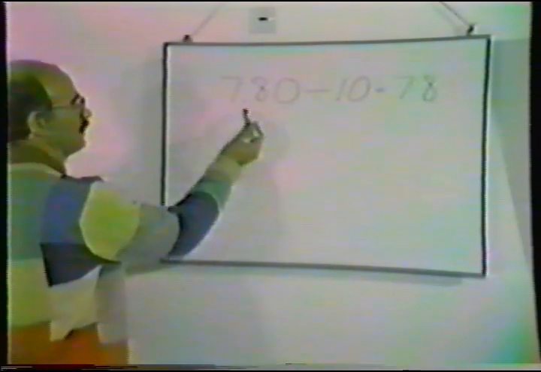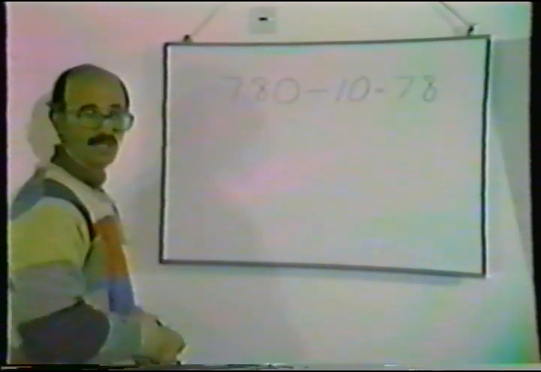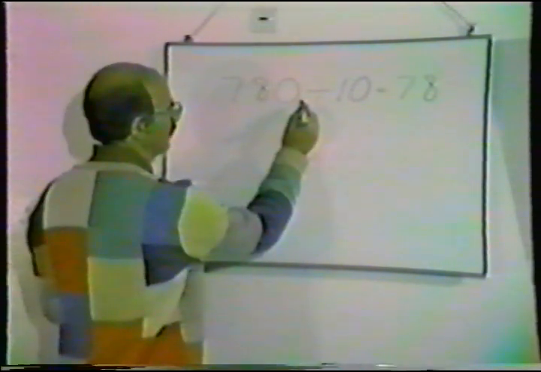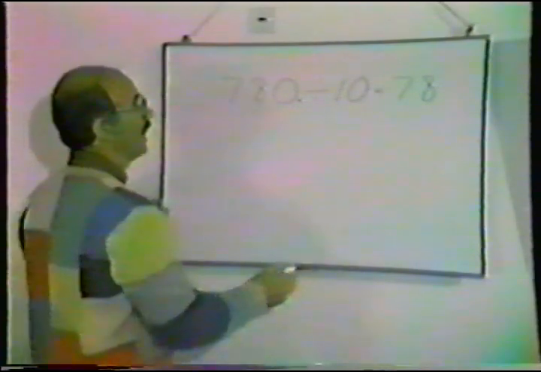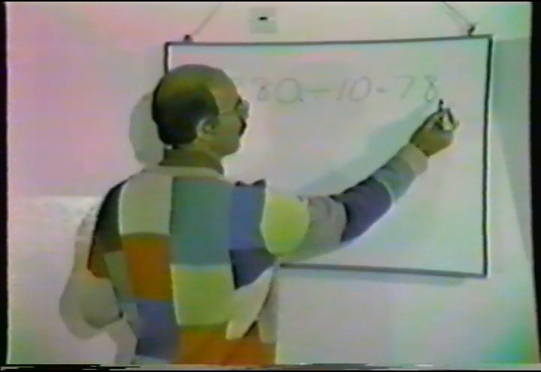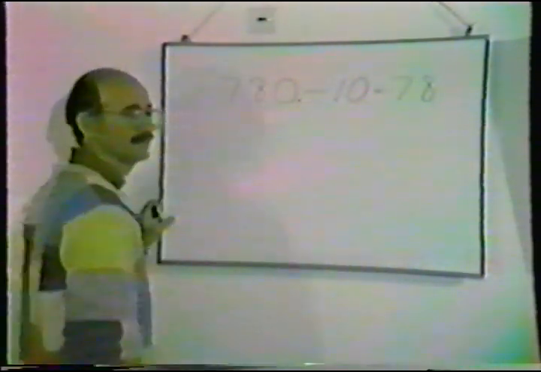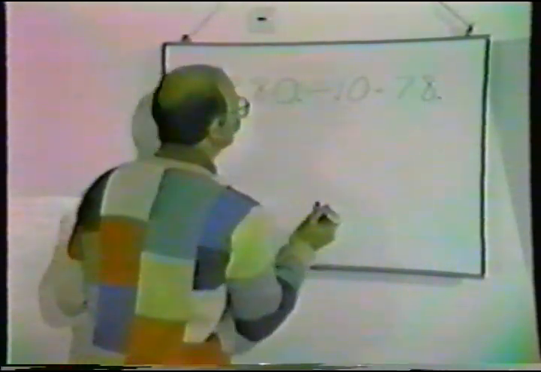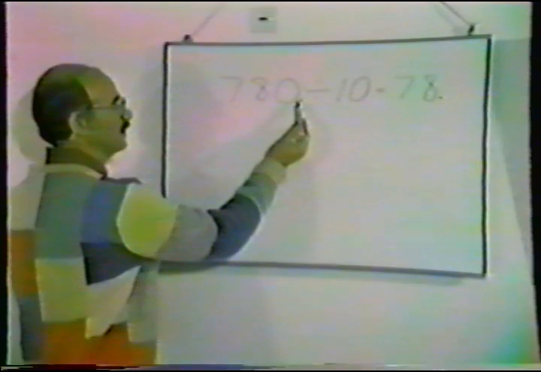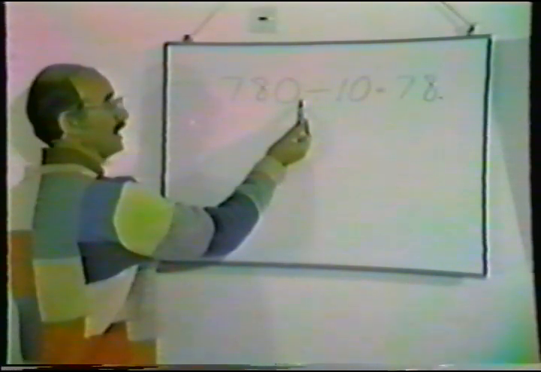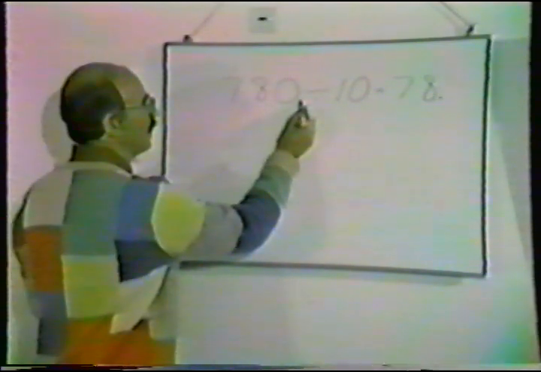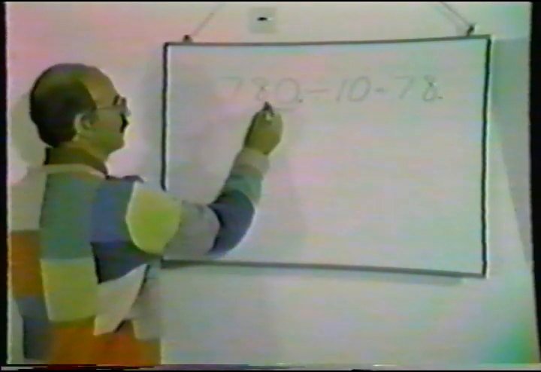Where is the decimal point in 780? At the end, on the right. And where is the decimal point in 78? At the end, on the right. So, what happened to this decimal point to make it be in the position it is here? It has moved to the left.